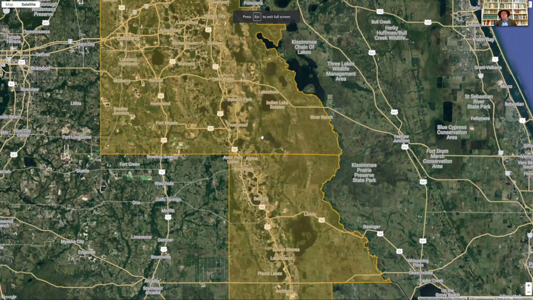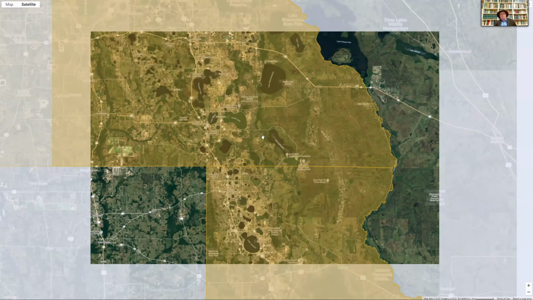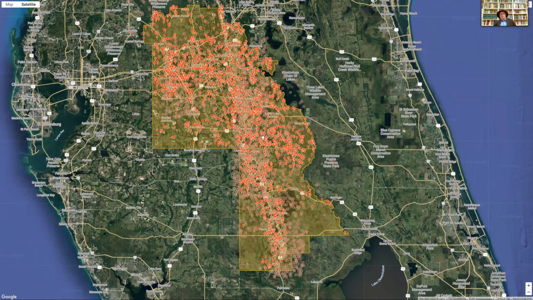I think I'm moving too fast. There we go. Okay. And so we get those as the ones that simply fall within the county boundaries as part of that project.